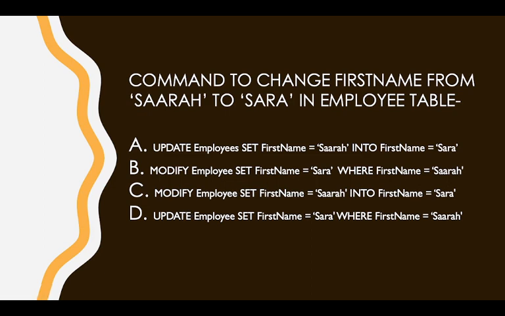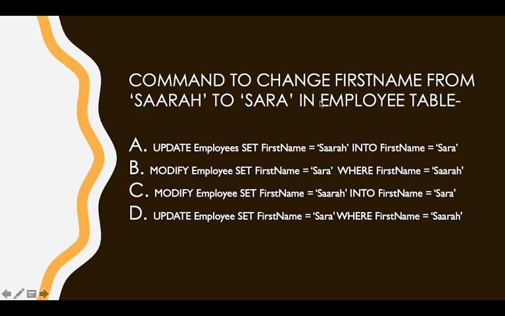So let us see our option number 1 and option number 4. That is option A, which says update employees set first name is equal to Sarah into first name is equal to Sarah. In this particular clause, the first mistake is the table name, employees.